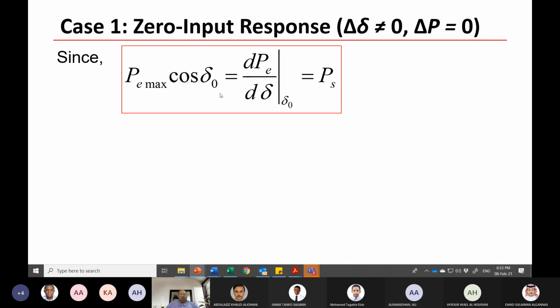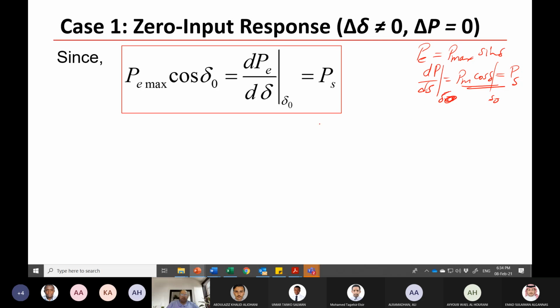B max cosine delta 0 is simply the derivative of BE, which equals B max sine delta. The dB by d delta equals B max cosine delta, calculated at delta 0. This is BS, the synchronizing power coefficient at delta 0, not delta equal to 0 but the initial value delta 0.